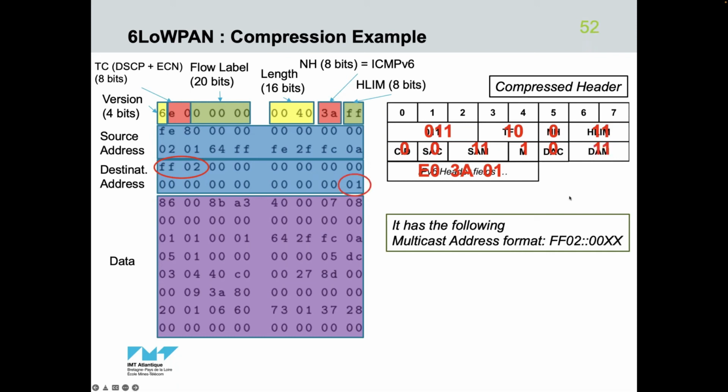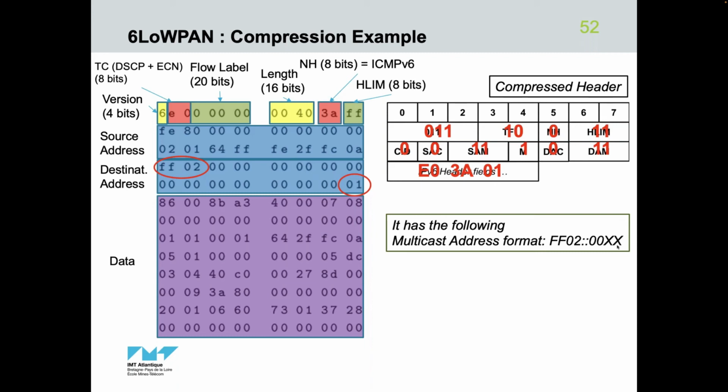Finally, we have the DAM field, which is equal to 1 and 1. So since we have a multicast address, which has the format of FF02 and then a series of 0 and then 2 values, XX. So XX here is 0, 1. This specific format of FF02 and then a series of 0 and XX is defined by RFC 6282 to represent that the DAM is equal to 1, 1.